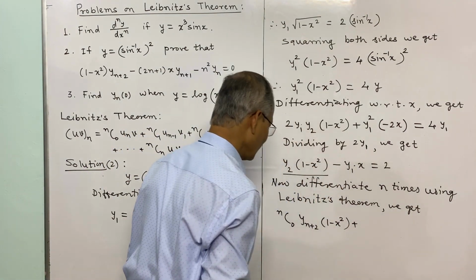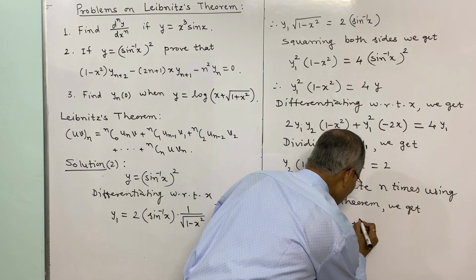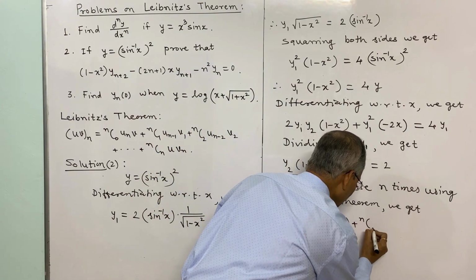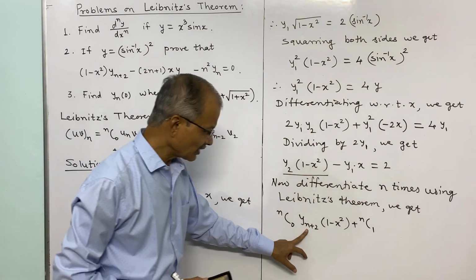Now nc0 is the binomial coefficient we have written, then nc1, the next binomial coefficient, and decrease the order of the derivative.